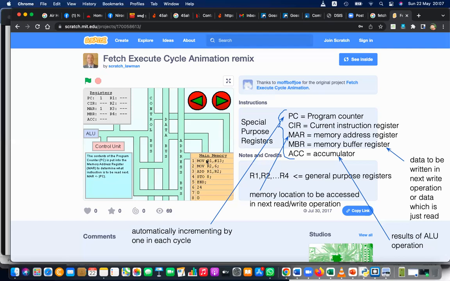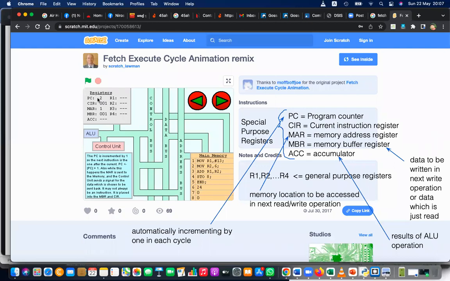It is searching that address number 1, and the control bus is sending a control signal. The data bus is bringing the data and keeping it in the just read location, that is MBR, and it is copied to the current instruction register as that is the current instruction. So understand this critical process.